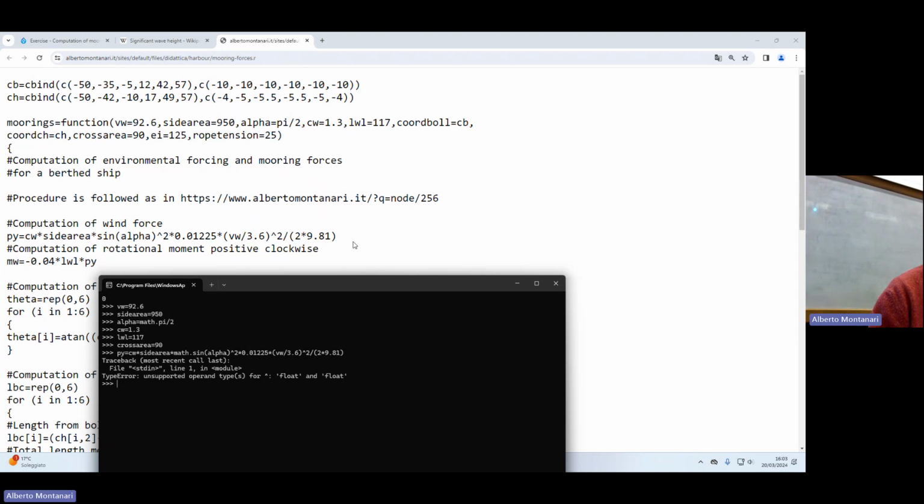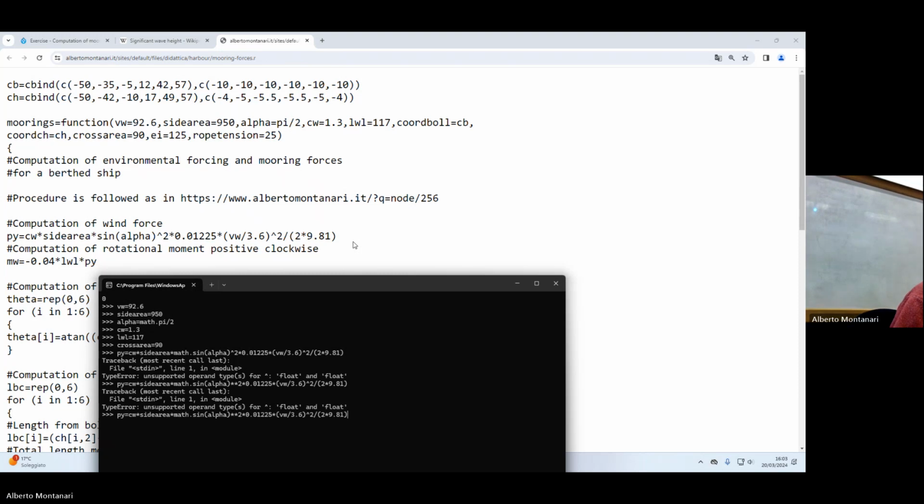Let's see. No. One second. Parentheses are correct. Okay. I think the exponentiation to the power should be like this. No. Let me check the power.